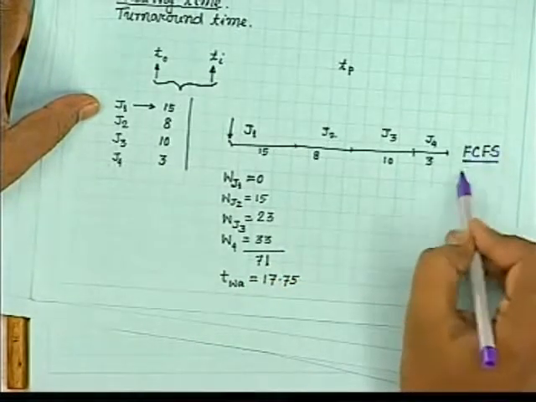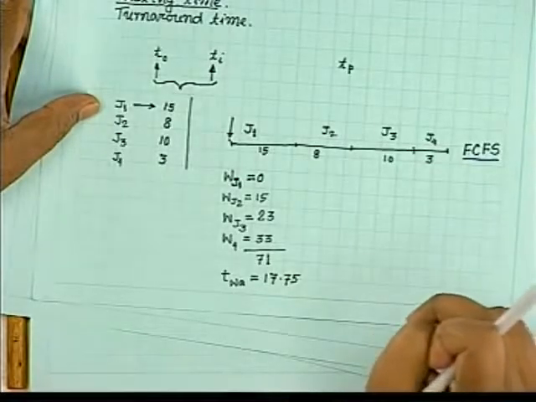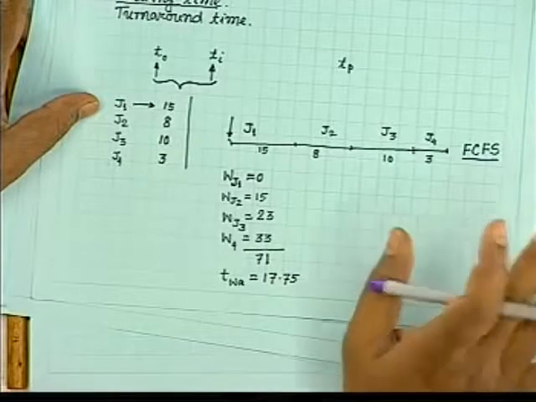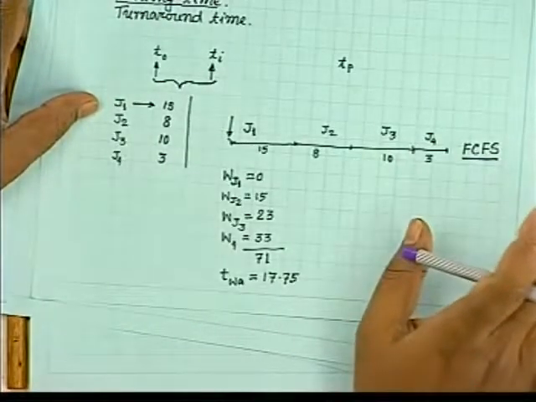In case of first come first serve, I don't have any such problem, because here my only criterion is that the job which has arrived in the ready queue first has to be executed first, without bothering about the next CPU time of that job.